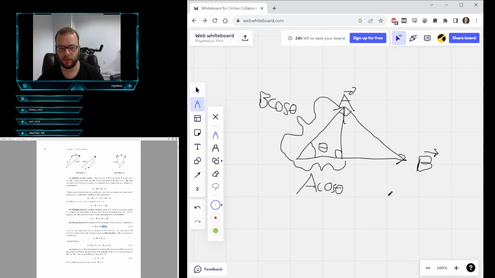And I multiply it by A. Now, it just happens to be that B cos theta is equal to A, but that doesn't necessarily need to be the case.